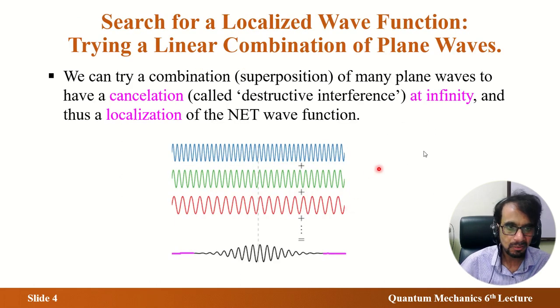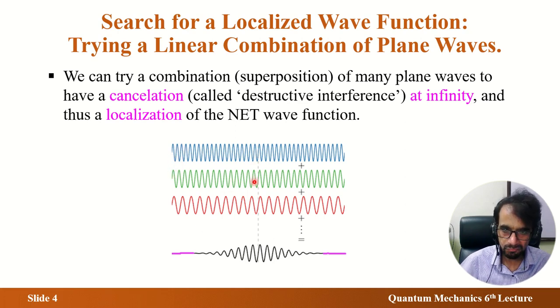And the idea here is, if we want 0 at infinity, and one plane wave is not 0 at infinity, there can be two plane waves and they can cancel each other. Where one is at its maximum, the other can have a negative maximum, and the total can be 0. It's just an idea.